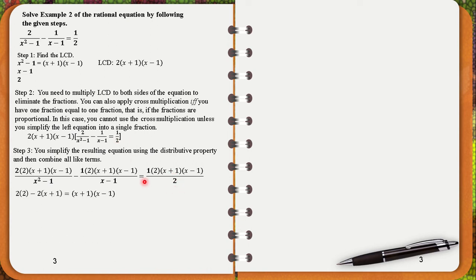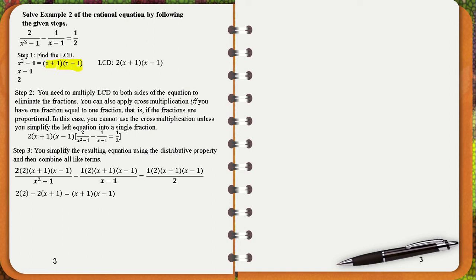Simplify po natin siya. Highlight natin. Okay, so itong x squared minus 1, diba kanina ang factors niya ay x plus 1 at x minus 1.